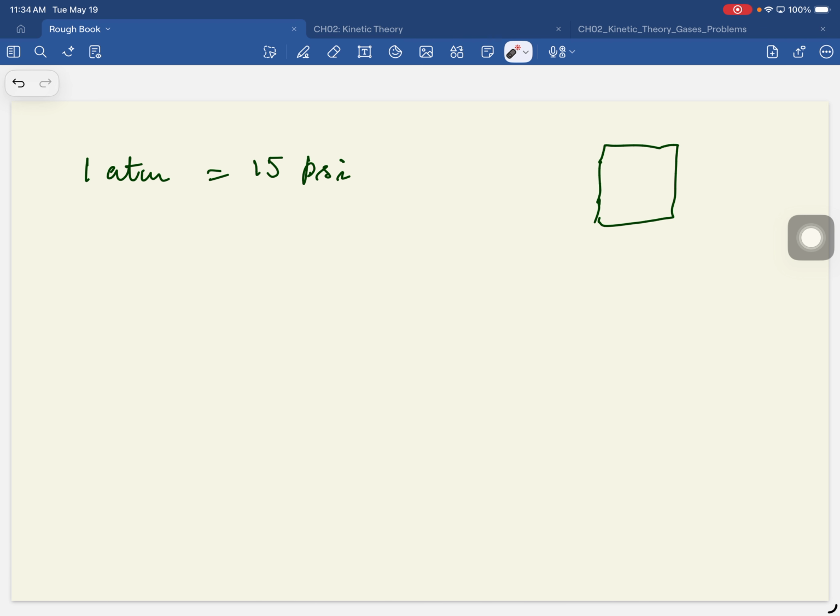This sheet of paper is 10 inches by 10 inches, 100 square inches. So air is pushing this paper with a force of 1,500 pounds. 15 times 100 is 1,500.